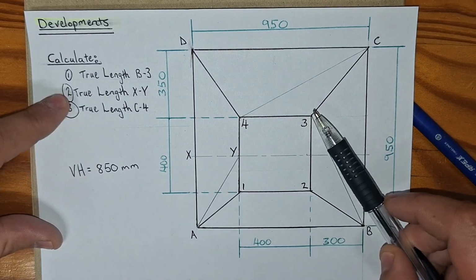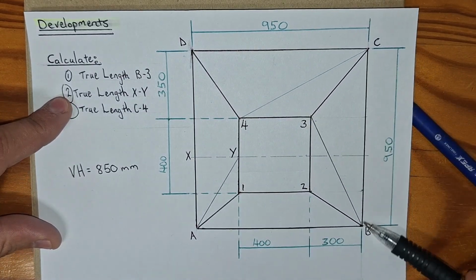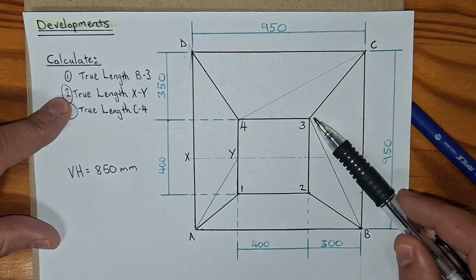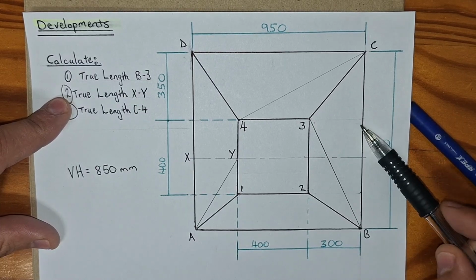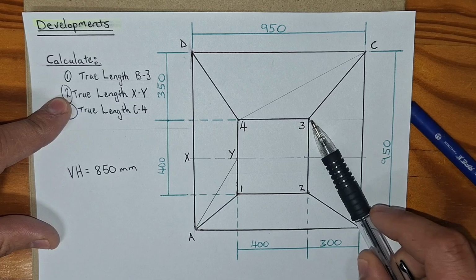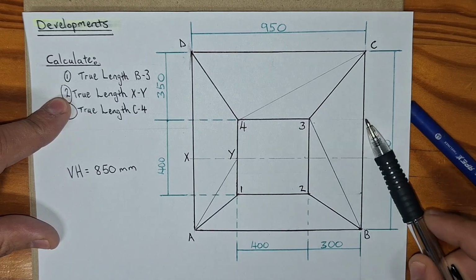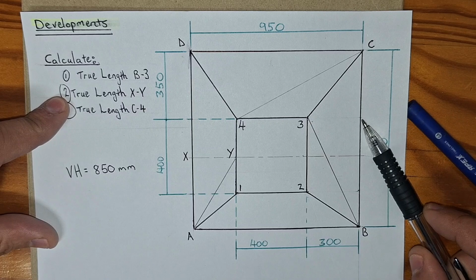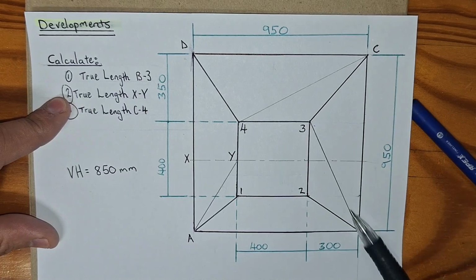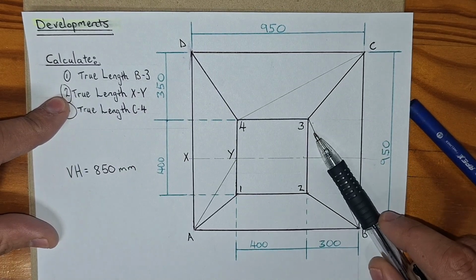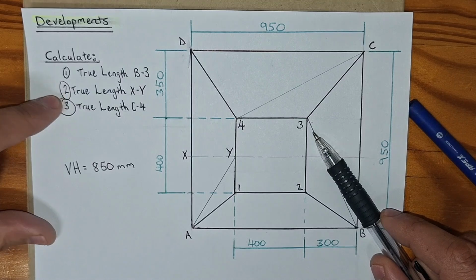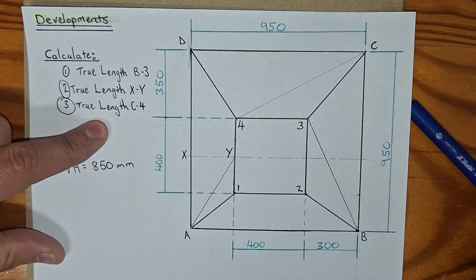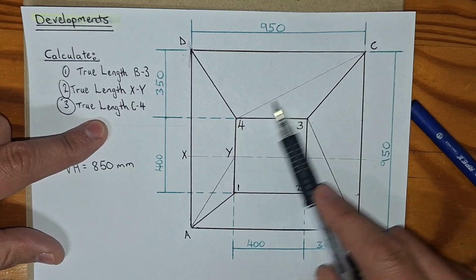The other one is B3, which is this one here. For this one, we will create a right triangle from the two-dimensional top view, where we have this distance and this distance placed into the Pythagoras theorem, which gives us the base length of B3, and then we put this in proportion with the vertical height. The last one is the true length for C4, this distance here.